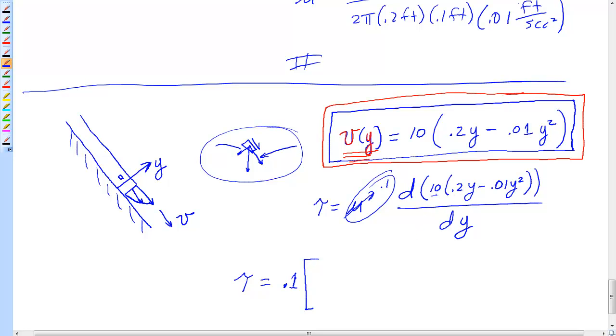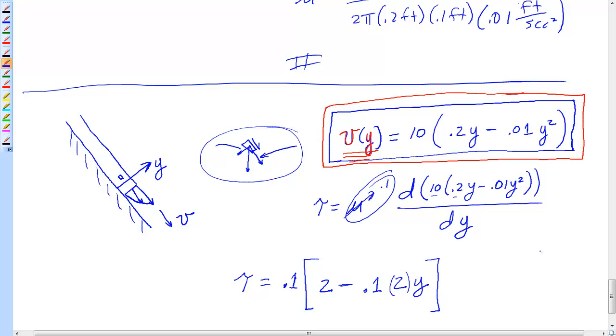Now, I'm going to go through and multiply out some of this. So it would be 2. The derivative of dy is just 1. Now I'm going to have to make sure I carry the 10 in here. And I end up with 0.1 times the derivative of that, which is 2 times y, and I get stuck with that.